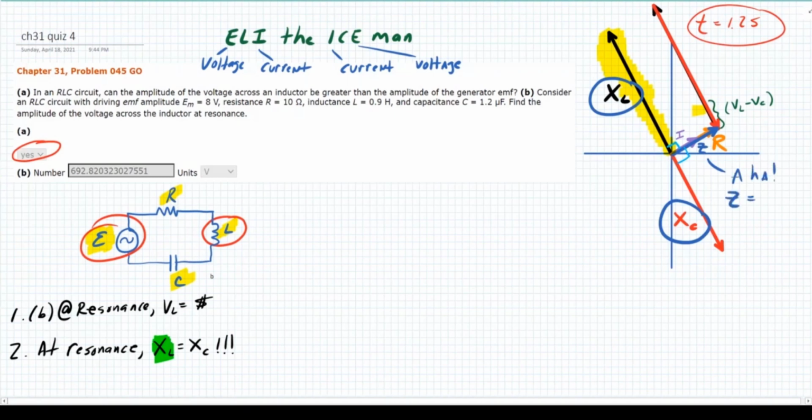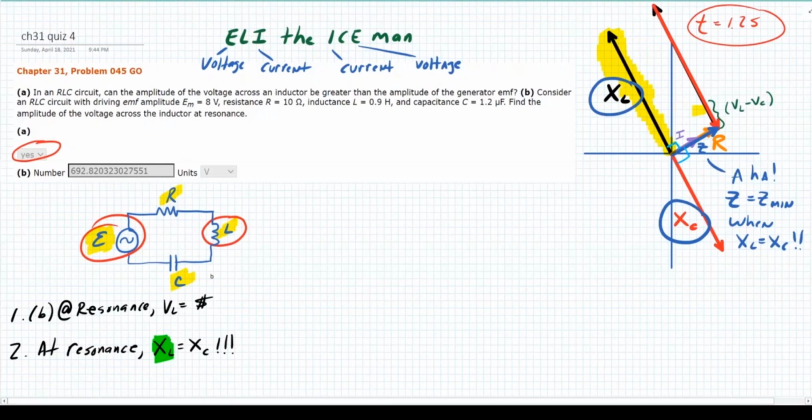Z equals its minimum possible value when XL equals XC. Great news. That's called resonance. You're going to get the greatest amount of current, the greatest efficiency.